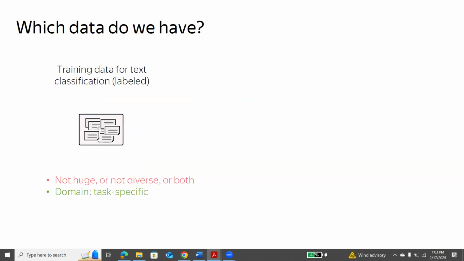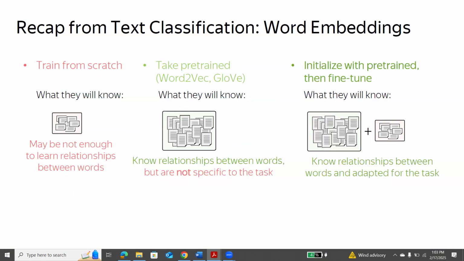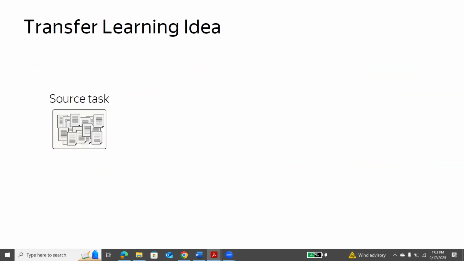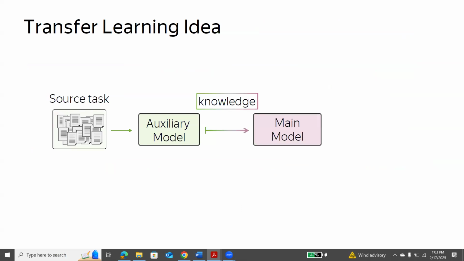This is just a reminder of how we could use word embeddings trained from scratch or use pre-trained, or combine these 2 approaches: initialize our weights with pre-trained ones and then continue training these embeddings. This is the idea of transfer of knowledge, transfer learning.